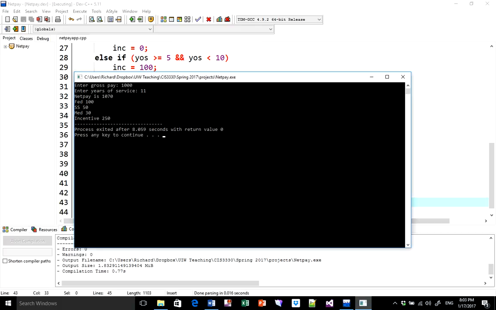So it's 1,000 minus 100, 900 minus 50 is 850 minus 20, minus 30, that's 820 plus 250. That's 1070. I know it's not organized correctly, but you guys get the idea.